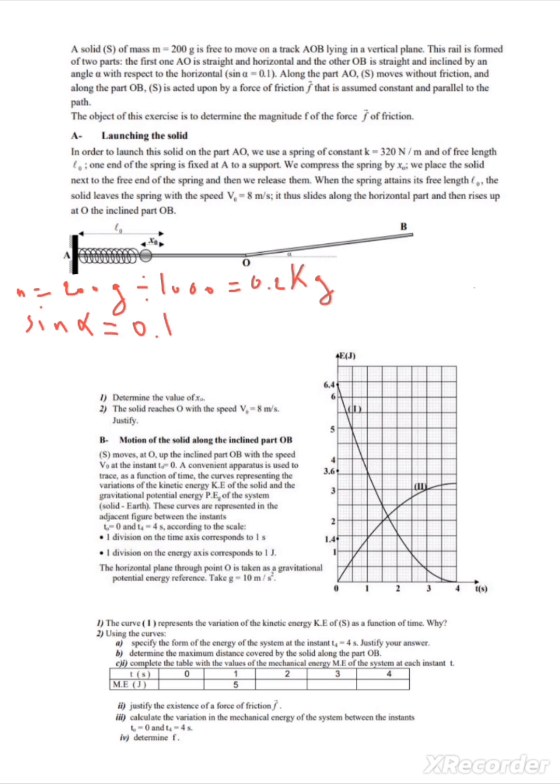So on AO, friction equals 0. And along the part OB, S is acted upon by a force of friction F that is assumed constant and parallel to the path.